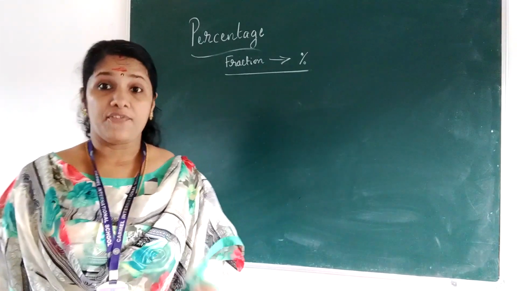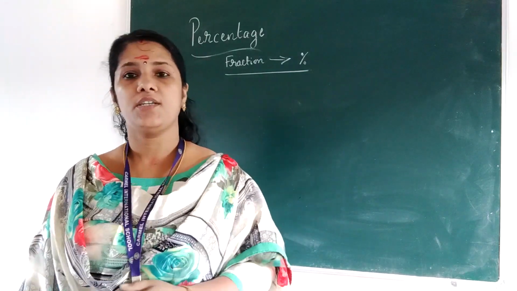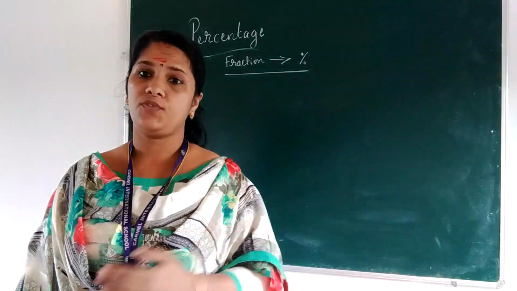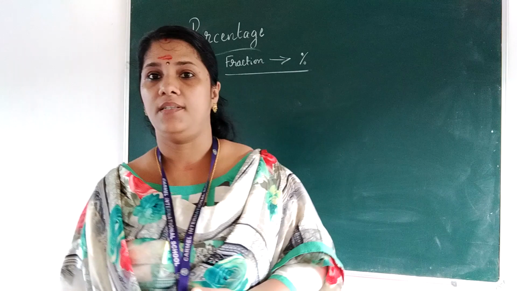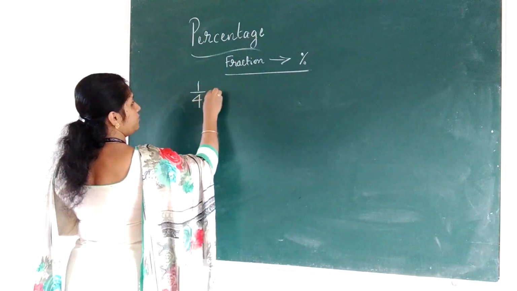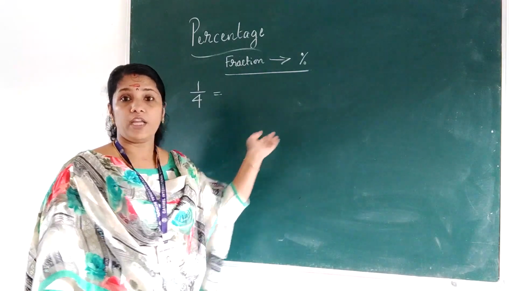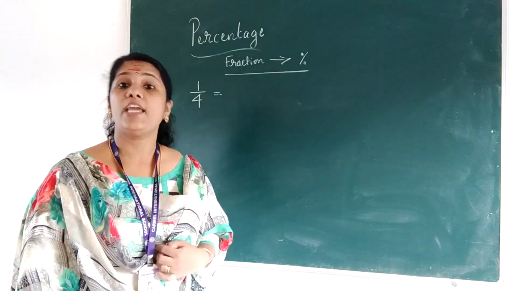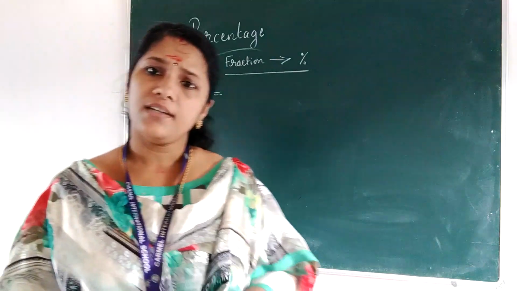Let's convert a given fraction into percentage form. How do we convert a fraction into percentage form? Let's discuss using some examples. Let's take the first example as 1 by 4. To convert this fraction 1 by 4 into percentage, I am going to use the equivalent fraction method. What is the equivalent fraction method?